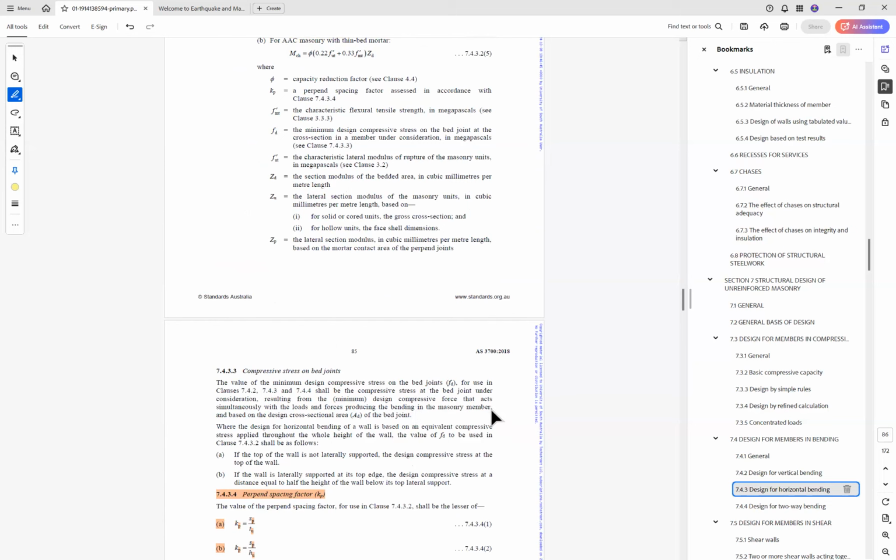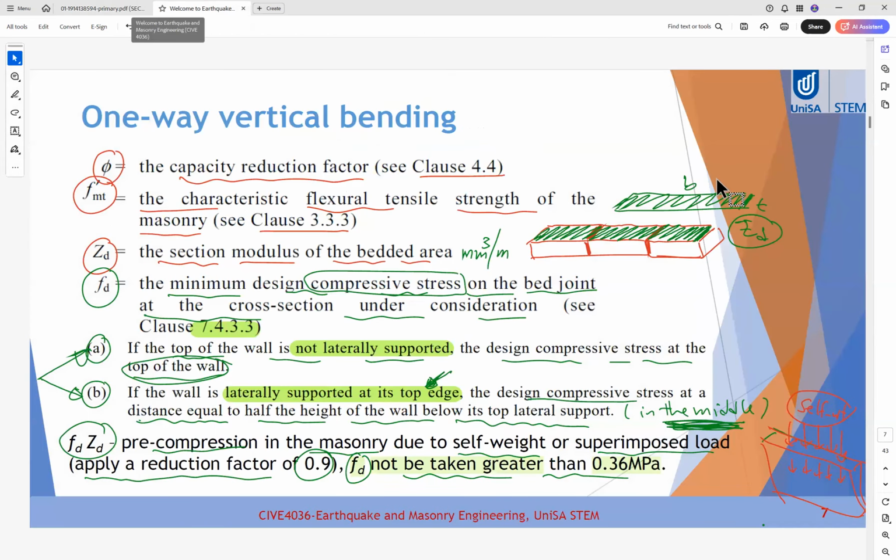So if you design the wall for compression as well, you need to take this into consideration. But there is another main condition here.